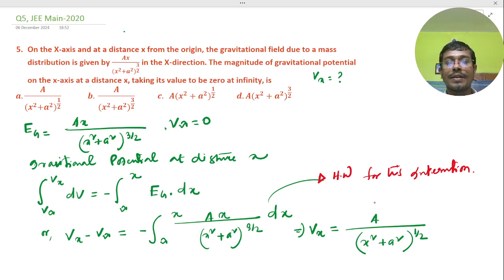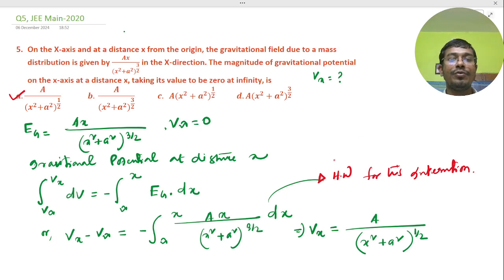So for practice purposes I give you the integration to calculate and match this result. So basically we have the result, the potential at the point x would become a by x square plus a square whole to the power half. Basically A would be our correct answer.